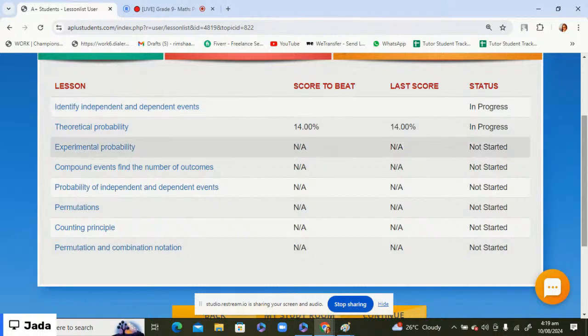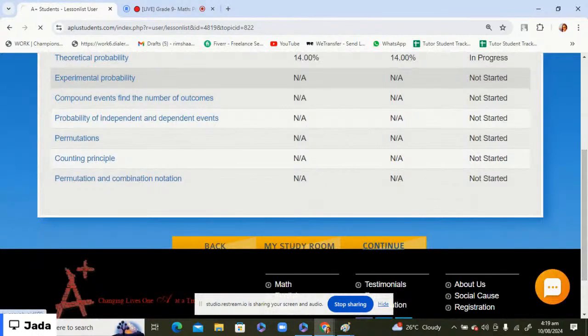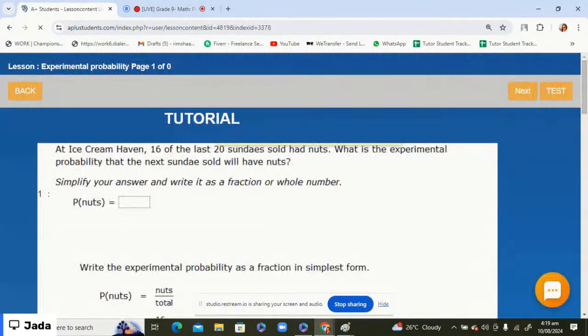So, experimental probability. First of all, let me tell you what experimental probability is.